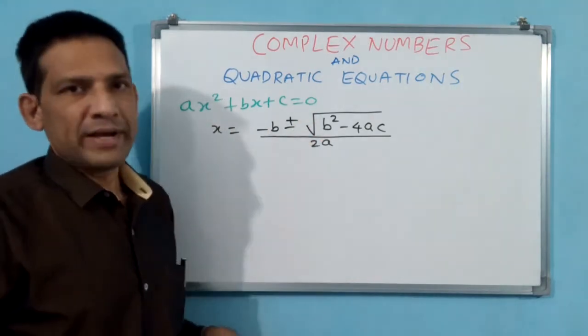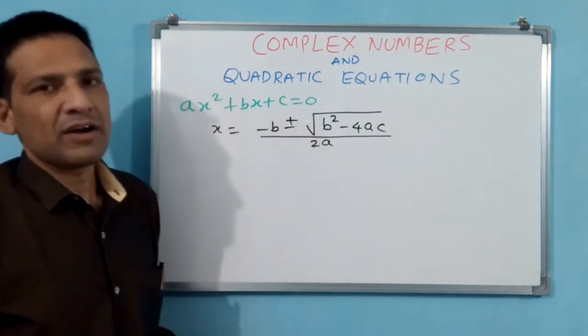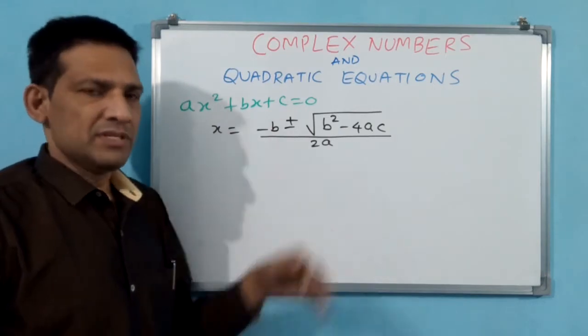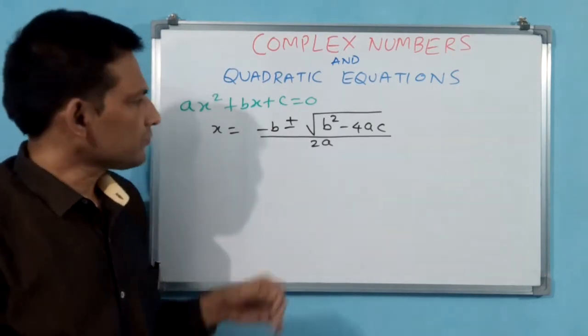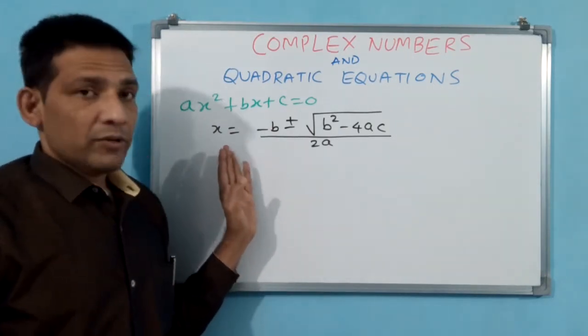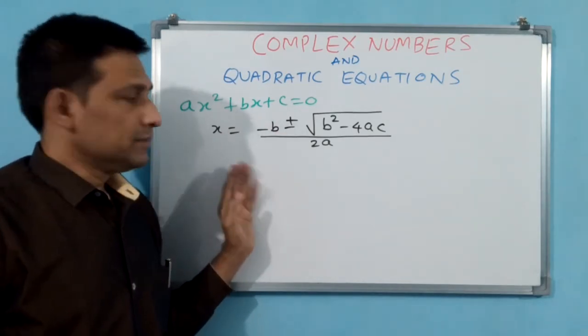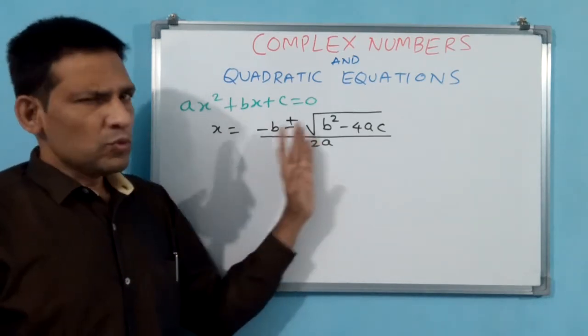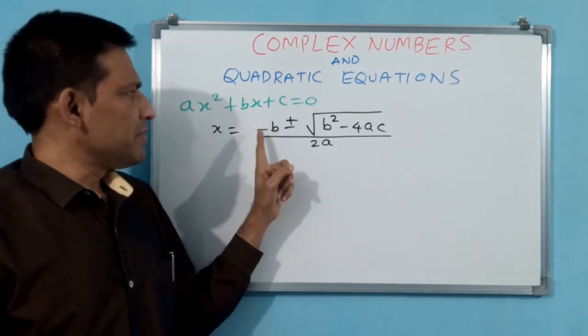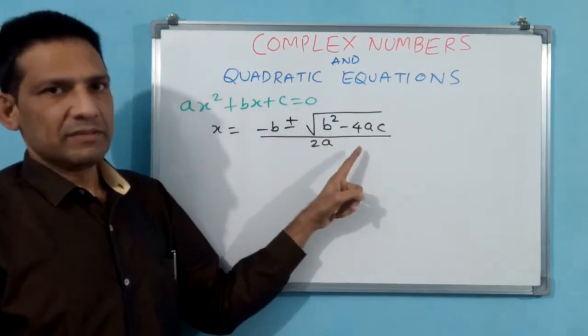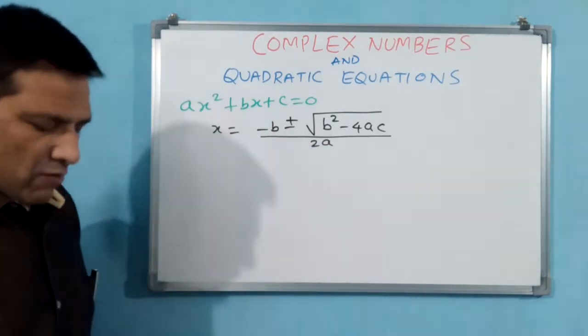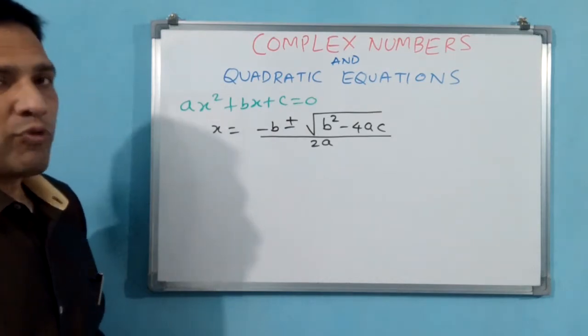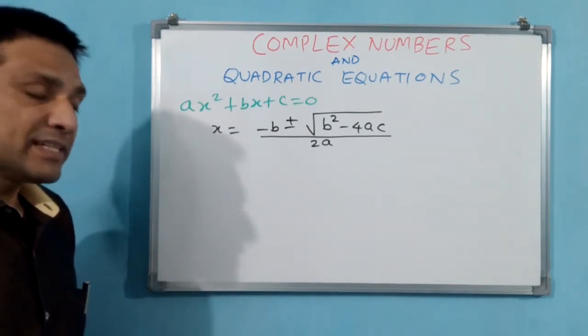Why? Because a, b, c are constants. If you want to find x here, x has two solutions. We can call b square minus 4ac the discriminant.